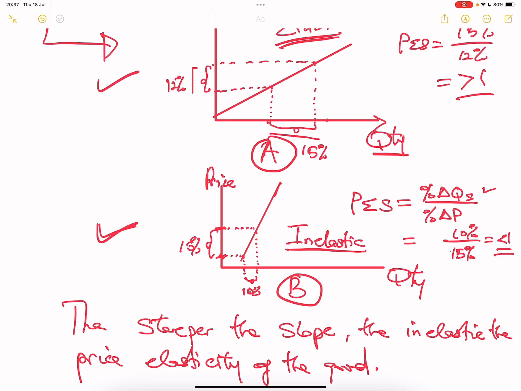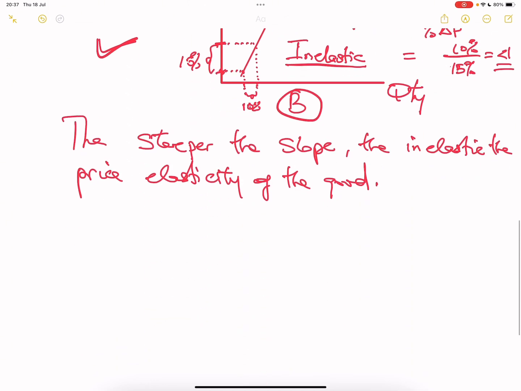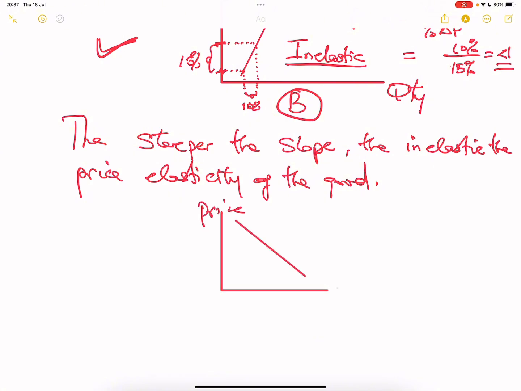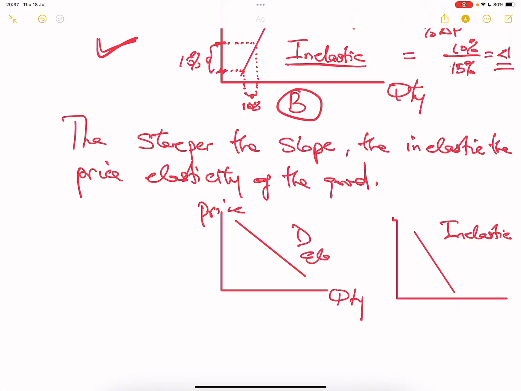Very important. And the same thing is applicable to demand. The graph is like this, remember? This is price and this is quantity for demand. This is the demand curve. You have these two graphs and you have something like this. Definitely this is more inelastic because it's very steep and this is elastic.